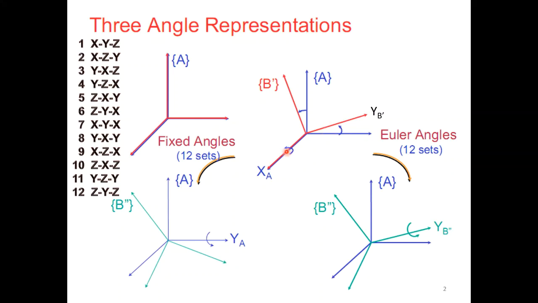So after the rotation, YB gets a different label, YB dash, let's say. This dash represents the new direction of the y-axis of B. Earlier it was horizontal alongside the y of A.